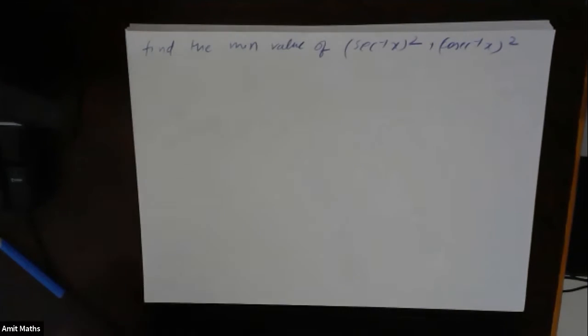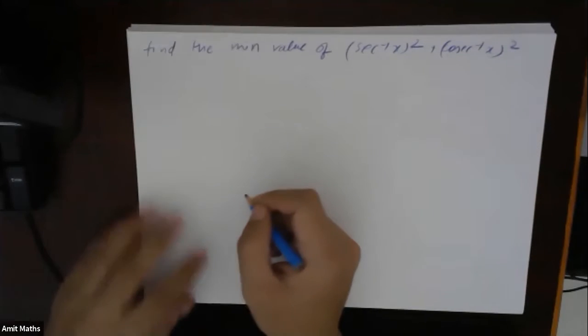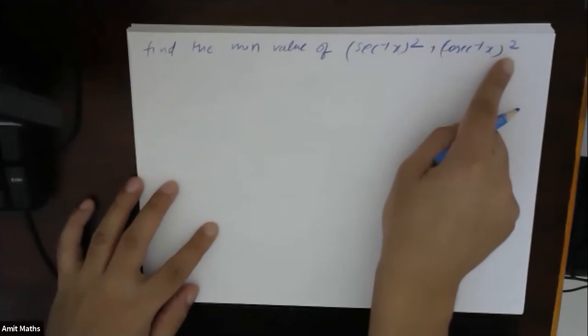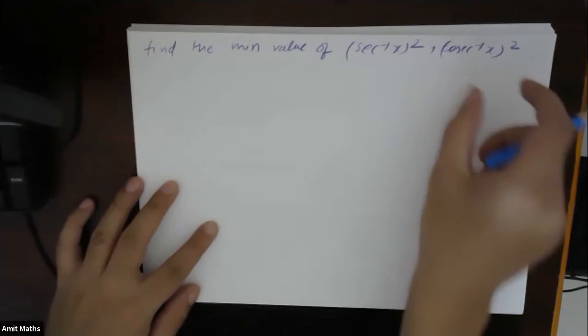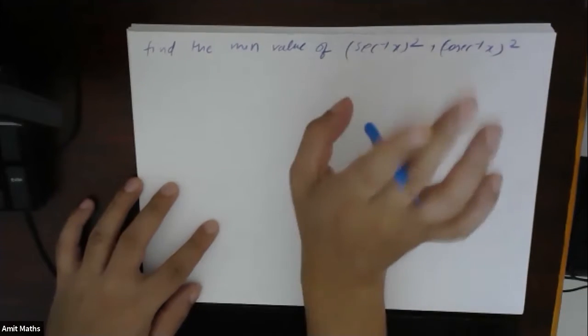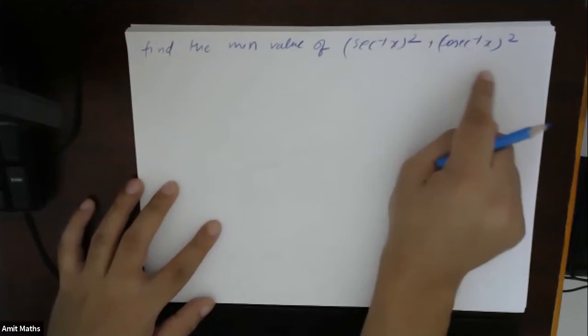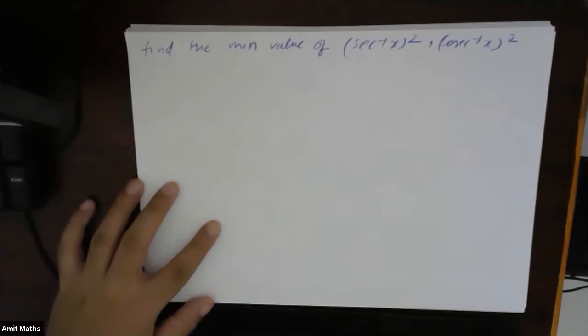Okay, let's see. So what is this? This is sec inverse of x whole square plus cosec inverse of x whole square. So something is telling me that I have to take a perfect square of this one. Why? Because a square plus b square: if I have a square and b square, then I have to subtract and add 2ab, right?